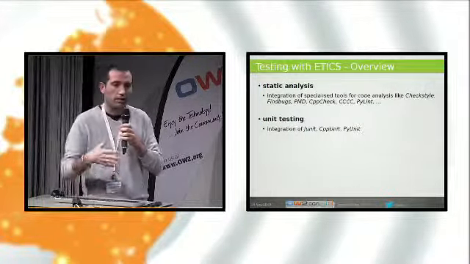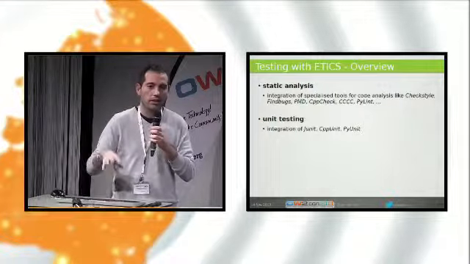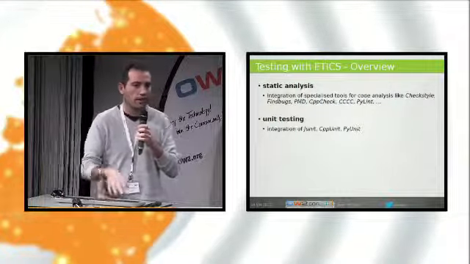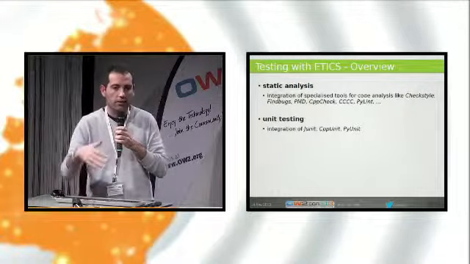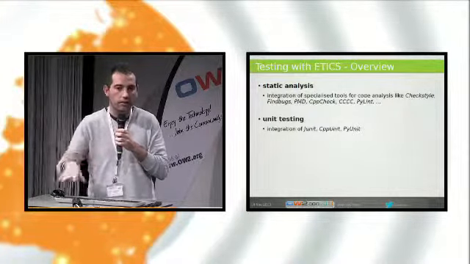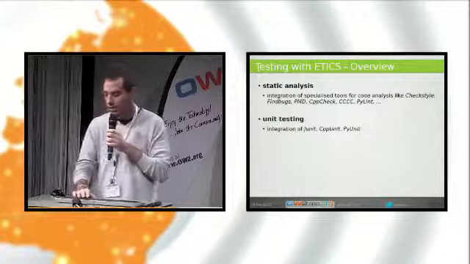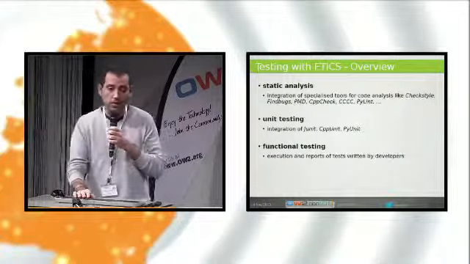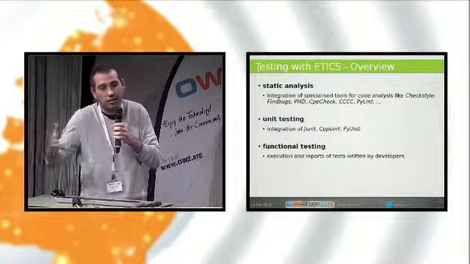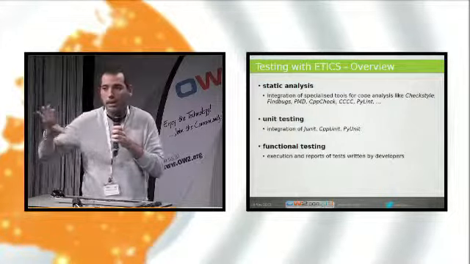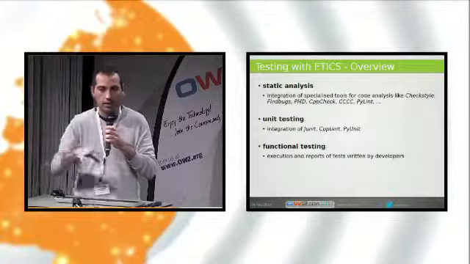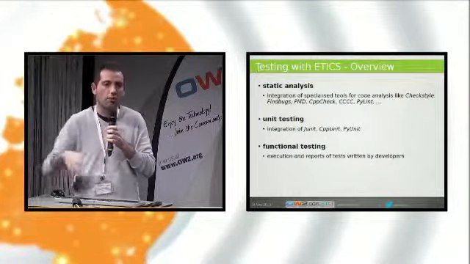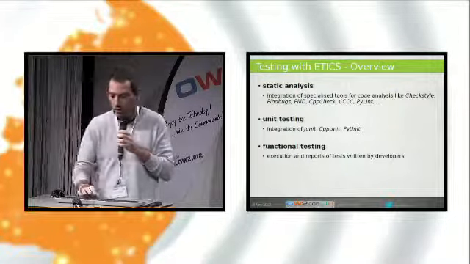ETICS also provides the runtime environment for executing unit tests, like JUnit or PyUnit test suites that are available in the source code when it compiles it. There is also support for functional testing written by the developers, and ETICS can detect it in the code, execute it, and produce some reports.